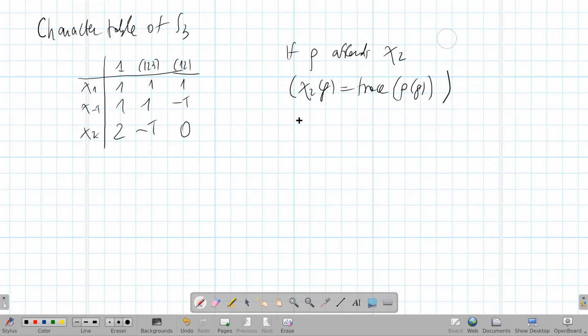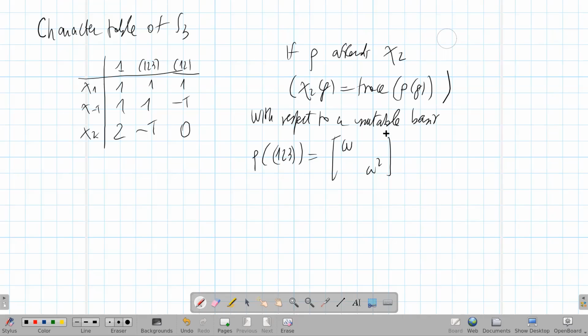So we have found that with respect to a suitable basis, which we try to have as simple as possible, say rho of (1 2 3) can be taken of this form, where I'm not writing the 0 on the diagonal. Recall the argument, I wrote down the argument last time, so I'll just recall it briefly.